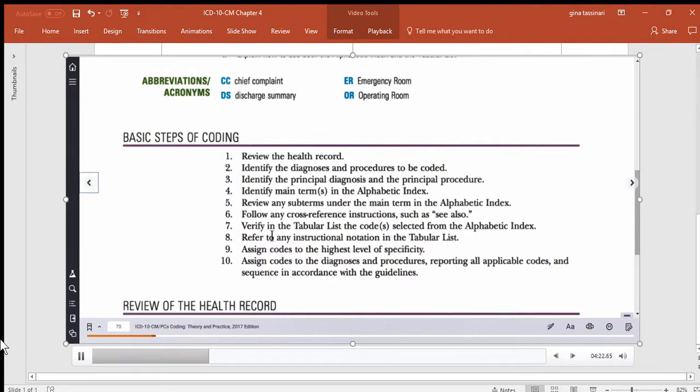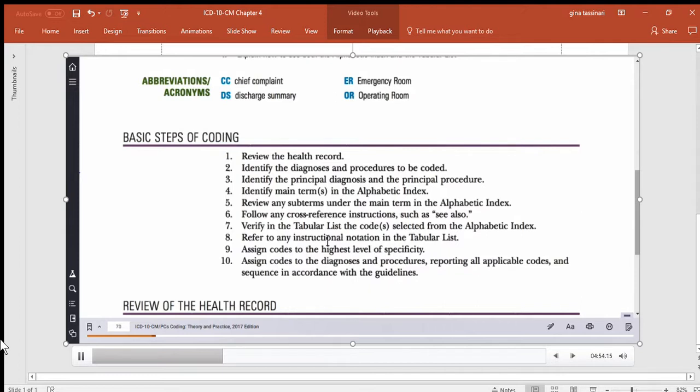In the tabular list, number 8 refers to any instructional notations in the tabular list. And number 9, assign codes to the highest level of specificity. These two are speaking to any instructional notes that are there, such as the etiology and the manifestation codes, the excludes notes, the number of characters that are required to fully and completely list the diagnosis code.